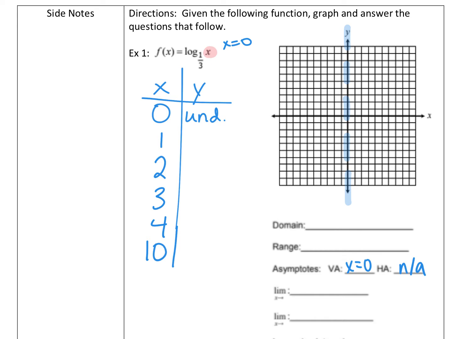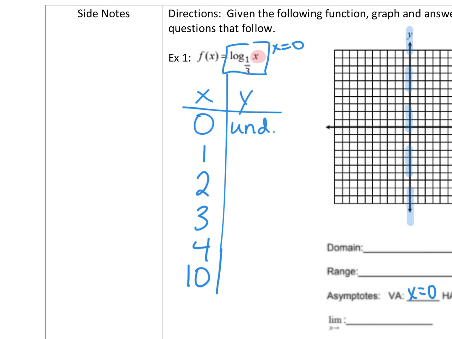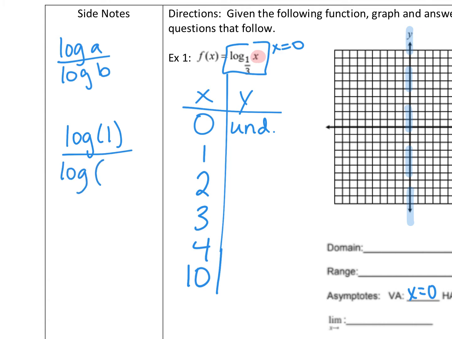So, how do we type these into a calculator? Well, we know that we can type in stuff to our calculator by just doing log of A divided by log of B, right? Yep. So in your calculator for the first one, you're going to want to type log of 1, close those parentheses, divided by log of, what's the base? 1/3. And that's going to give you your first y value. 0. Cool. Now hit the back button. Go change that 1 to a 2.